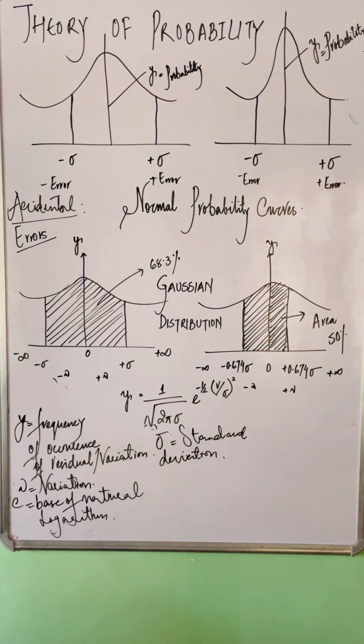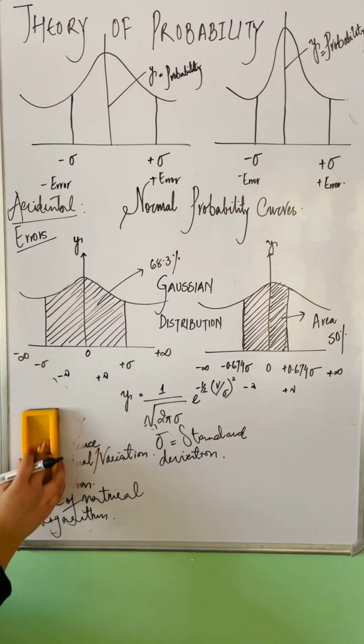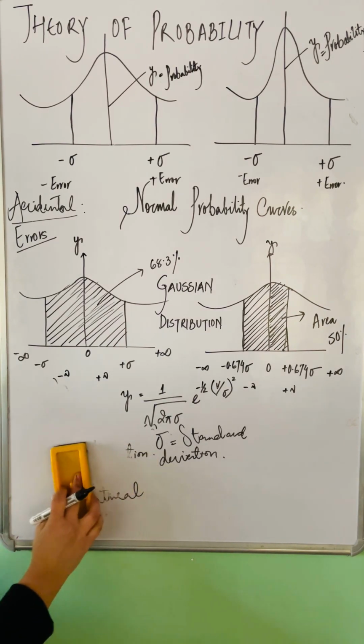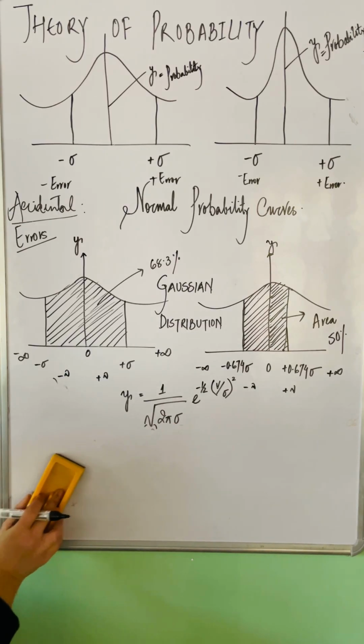All right, students. So this Gaussian distribution, or normal distribution, or bell-shaped distribution, is expressed as this, where y is the frequency of occurrence of the residual or variation, v is our residual, e is the base of the natural logarithm, and sigma is our standard deviation. And the standard deviation can be expressed as, let me write it down over here.